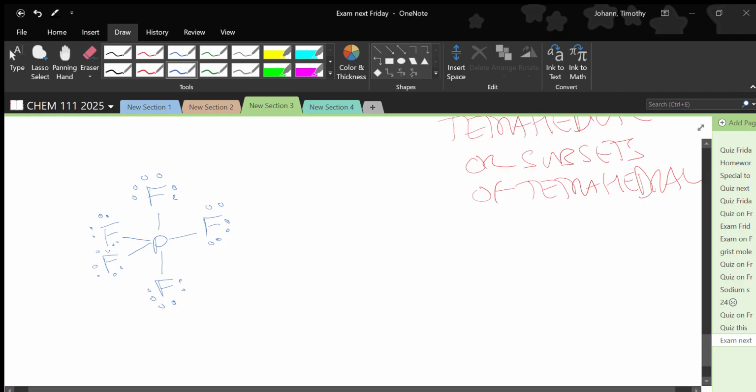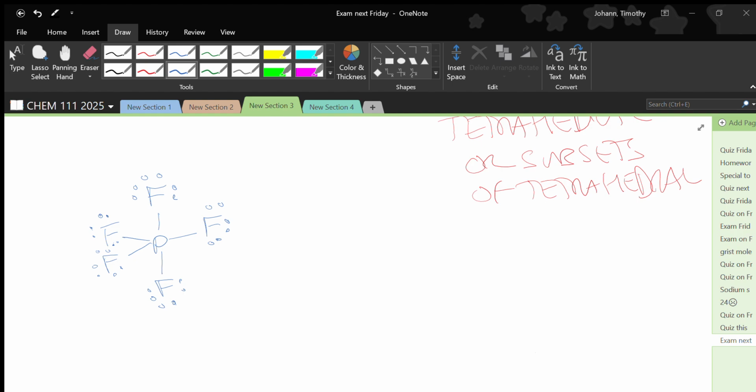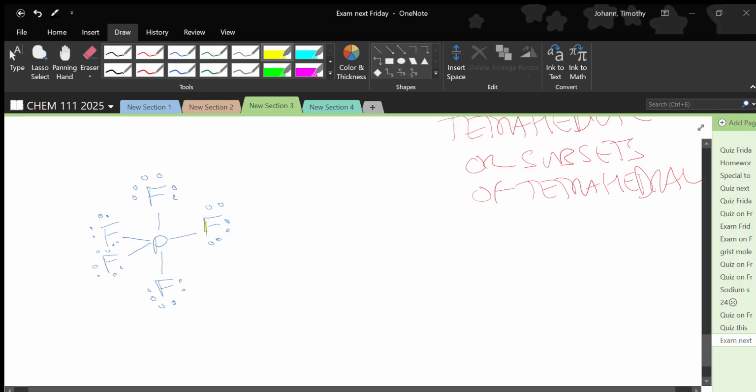This would be the Lewis dot structure you would draw. Forgive my fluorine over there. So this is 5 things around. If we spread all 5 of those around the center atom as far as possible from each other, you end up with this triangle with something popping up above and below. And like I said, we call that trigonal bipyramidal.